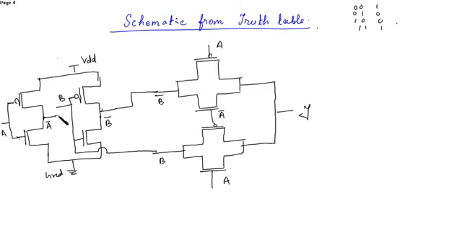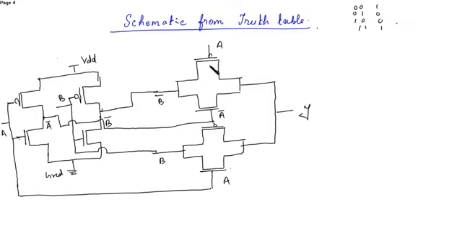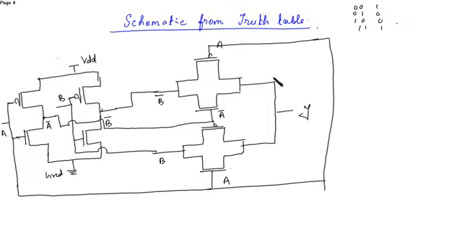So A bar is connected from here and A is connected here. Okay, so this is the schematic from the normal schematic.